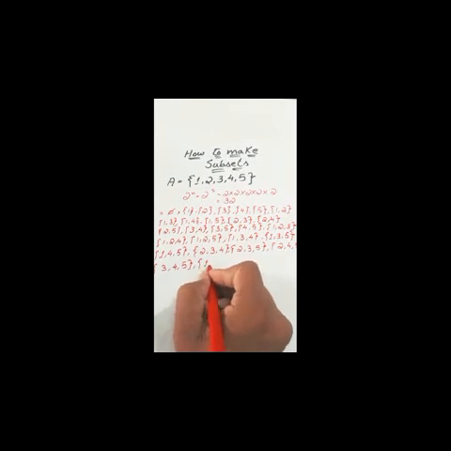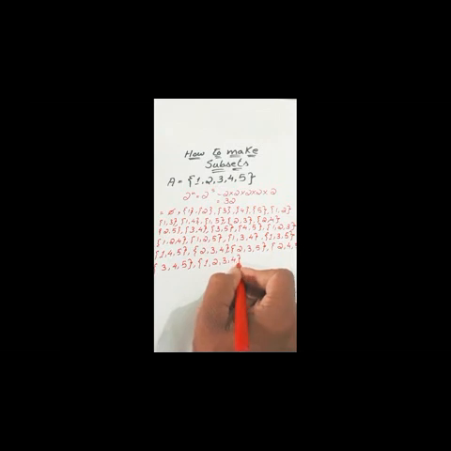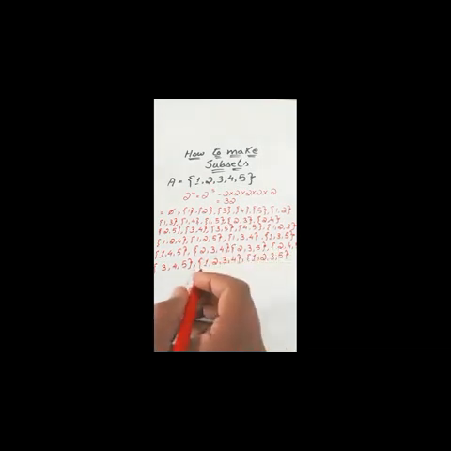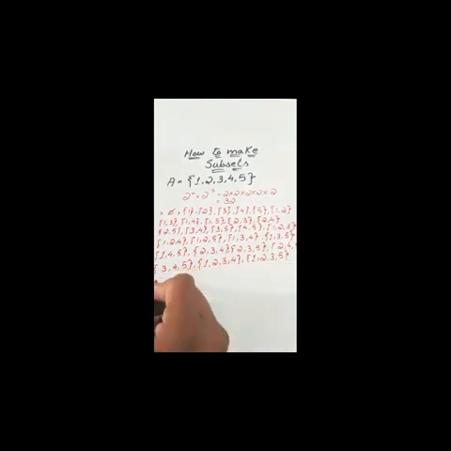So 1, 2, 3, 4. Then it is 1, 2, 3, 5. The relationship of 1, 2, 3 is done. Now we'll show the relationship of 1, 2, 4. So that will be 1, 2, 4, 5.